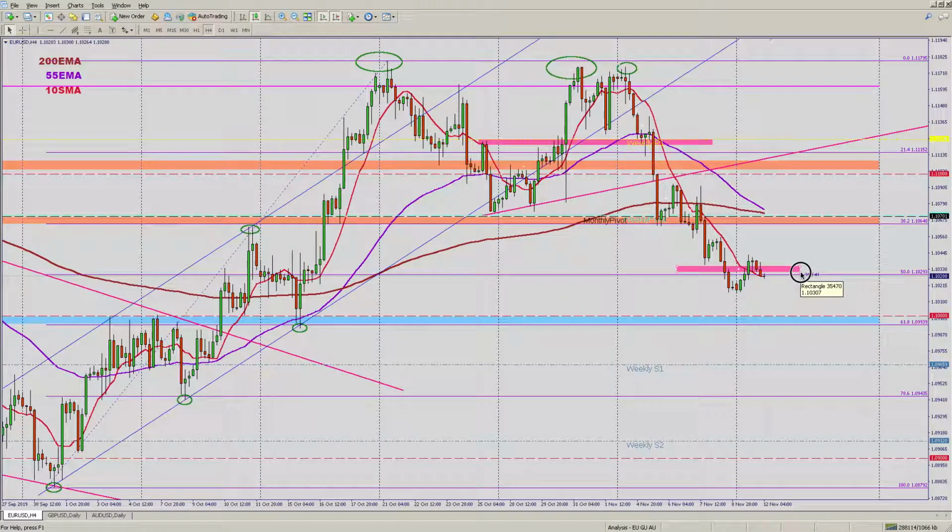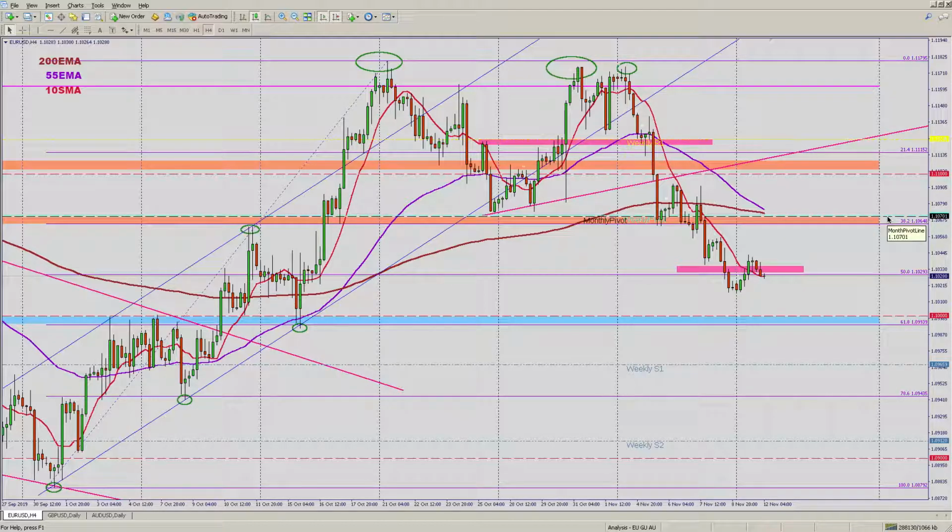So this was the previous area of intermediate support, which was reached, and now it's just sitting around the 50% fib area at 110.29 to 30, and this week's new weekly pivot has fallen right next to the monthly pivot now, and it's now at 110.71.